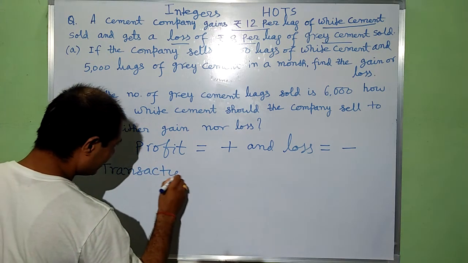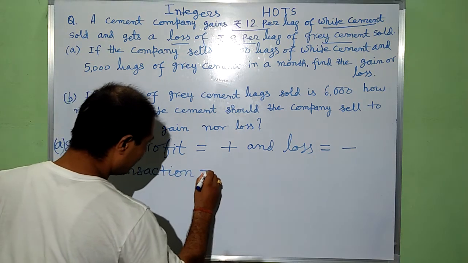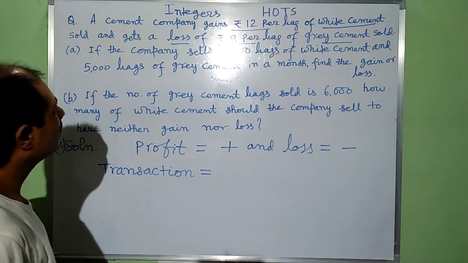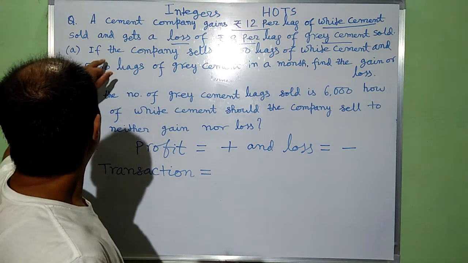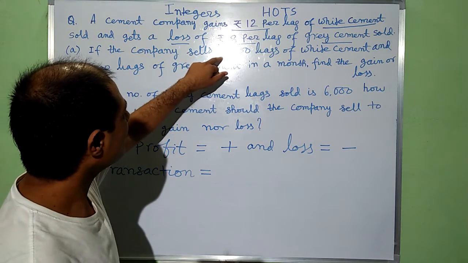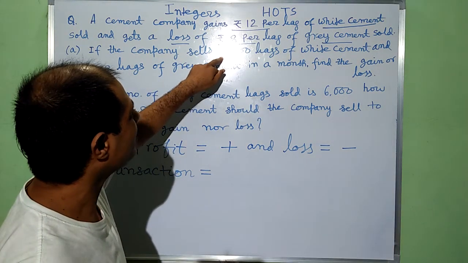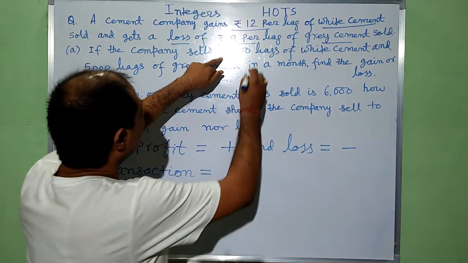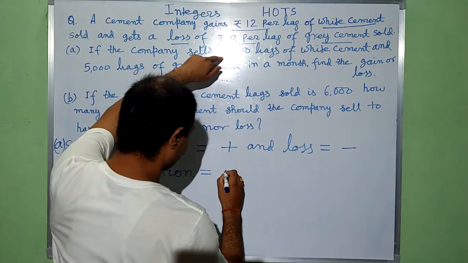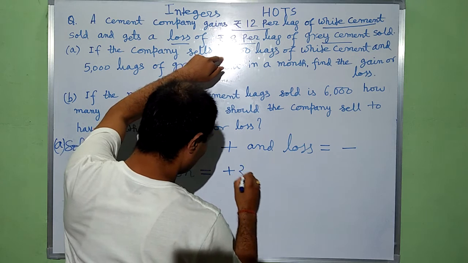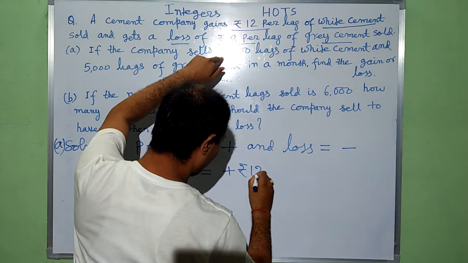Transaction is equal to, if the company sells 3,500 bags of white cement, on a white cement bag there is gain, plus rupees 12.